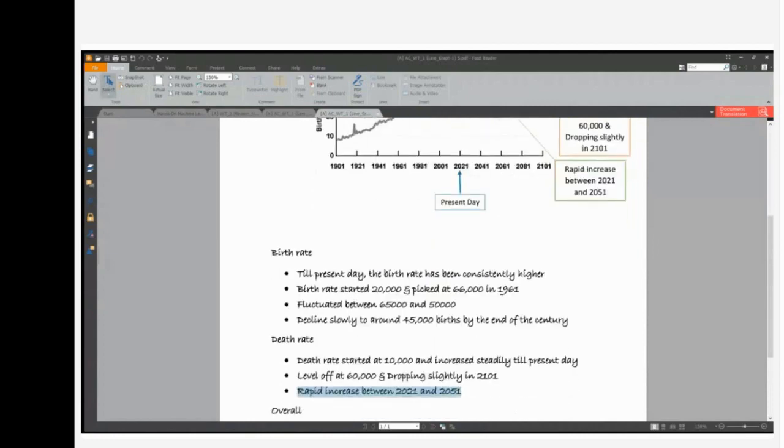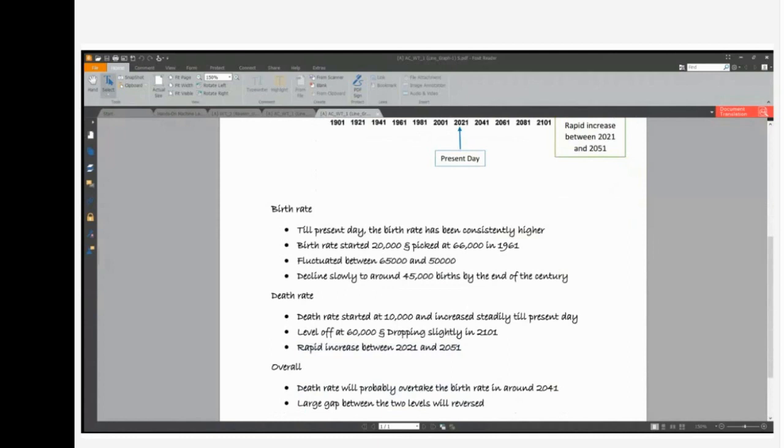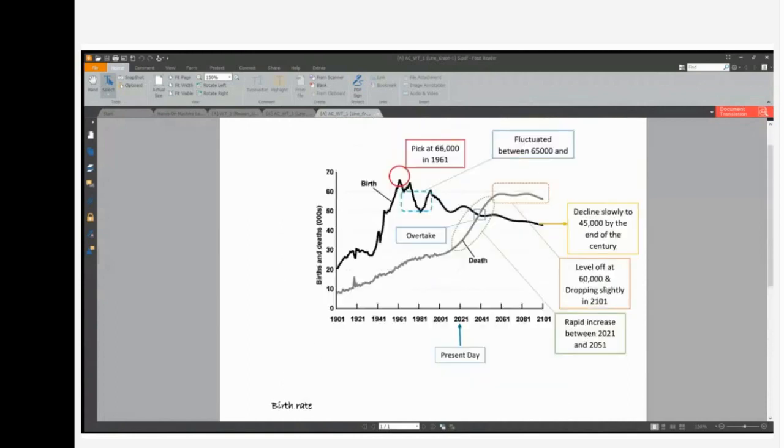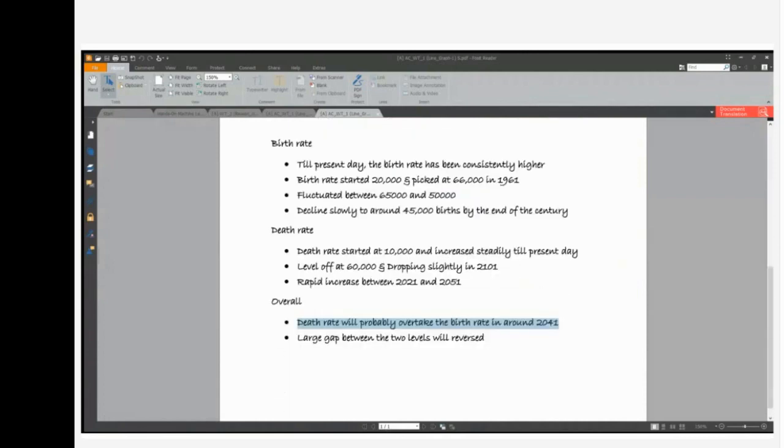We also have to plan the overall, and the overall is going to reflect the whole scenario or the overall picture of the graph that we have in front of us. So the death rate will probably overtake the birth rate in around 2041. As you can see, there is an overtaking point here, and after that point, the death rate is increasing. So we can also include that point. The large gap between the two levels will be reversed.